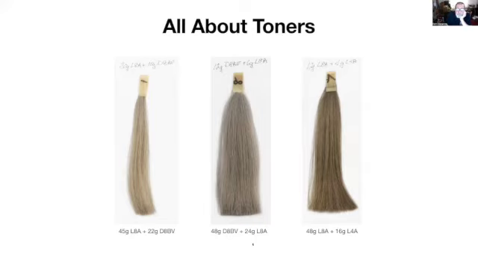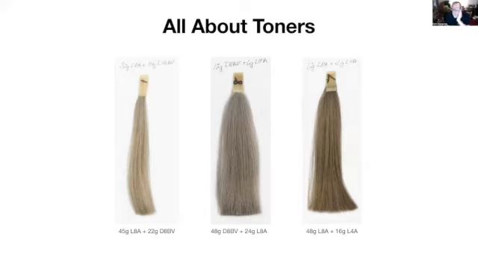And you can look at the amount that I added to it. Here, look at this one. This one has only half as much of the 8BV, but it has much more of the liquid 8-ash. Okay?